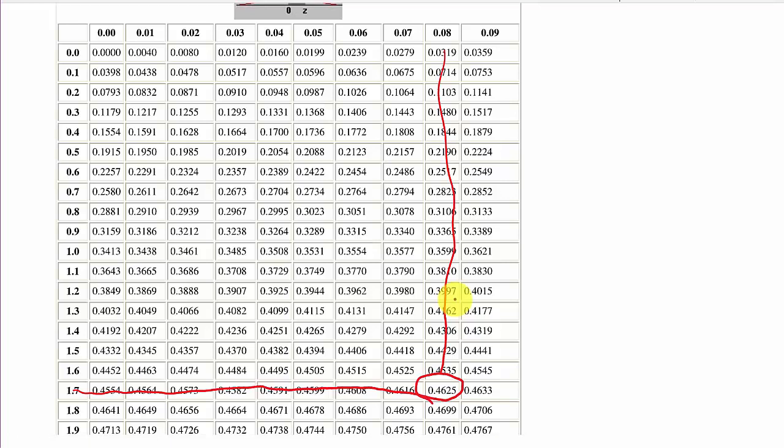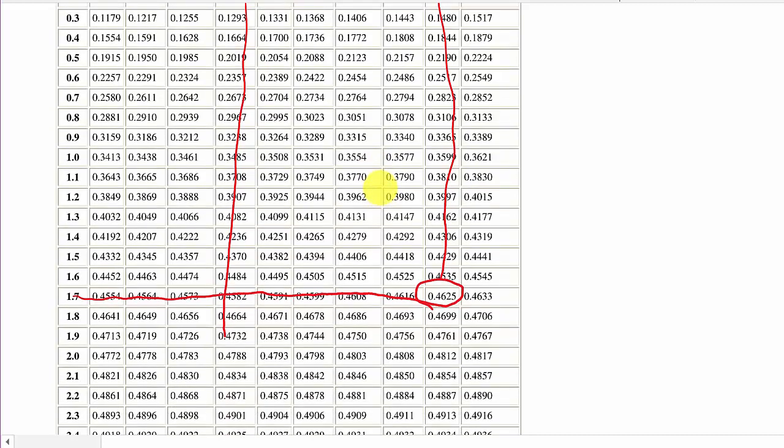And then we have to look up 2.33. Here's the second decimal, which is the 3, and come on down here, and there's 2.3, which is 0.4901.